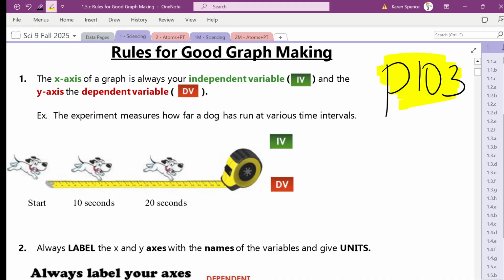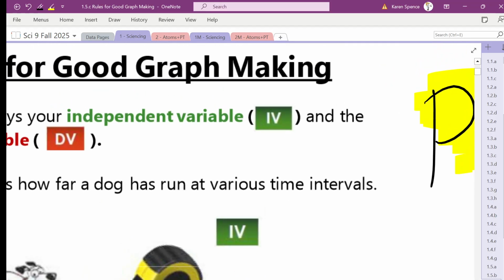All right, so which axis do we graph the independent variable on? The independent goes on the X. You were thinking of the dependent because they sound so much alike, right? Yeah.